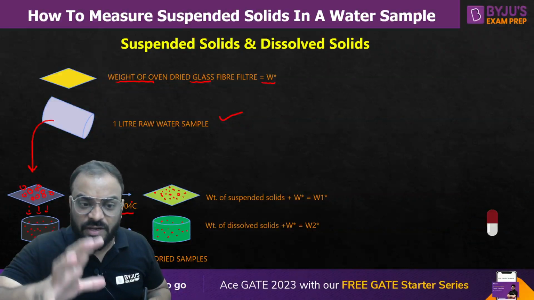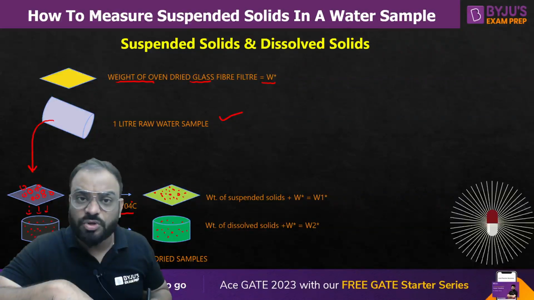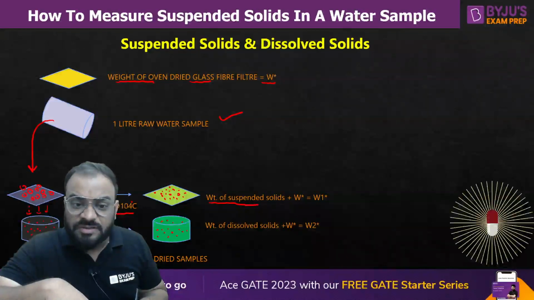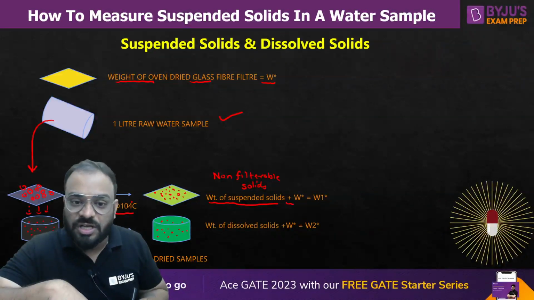Now guys, can I say that this particular portion or this particular sample is the weight of suspended solid, or you can write here weight of non-filtrable solids, plus W star. So let us suppose if we add both the values, we will get W1 star.